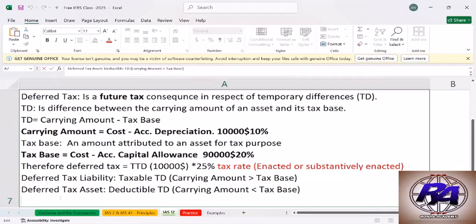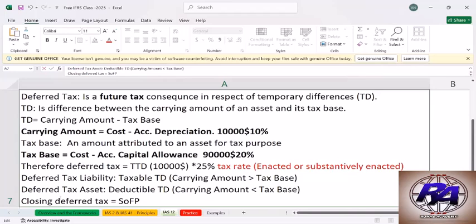So, what goes to the statement of financial position, what goes to the profit or loss account, you have to be careful. Now, the closing deferred tax is the one that goes to the statement of financial position. So what we send to our statement of financial position is the closing deferred tax.